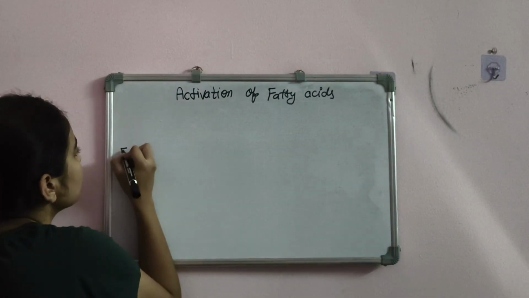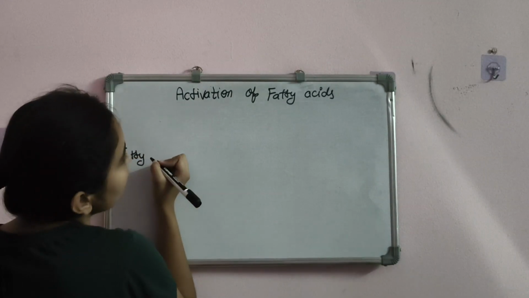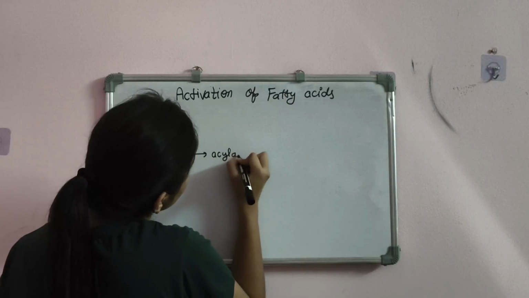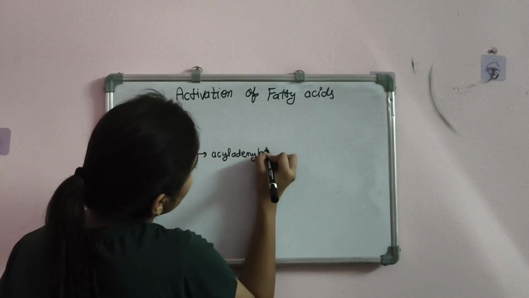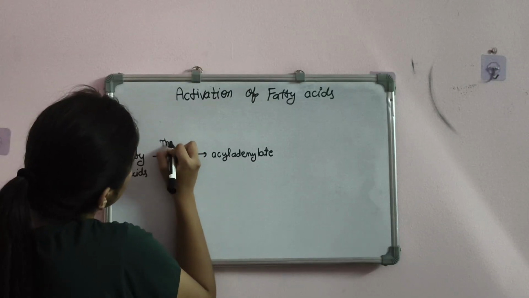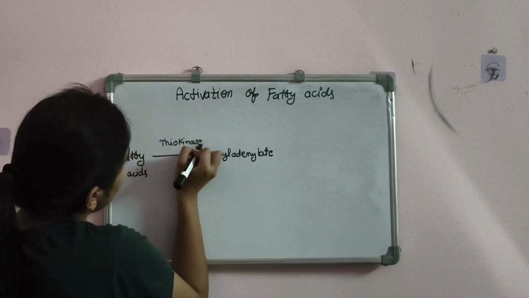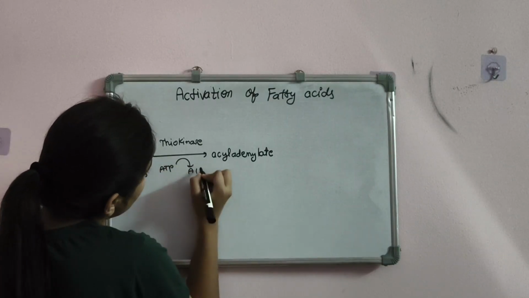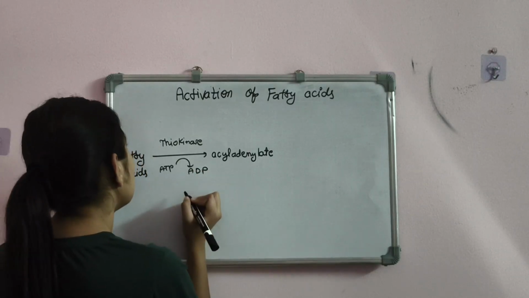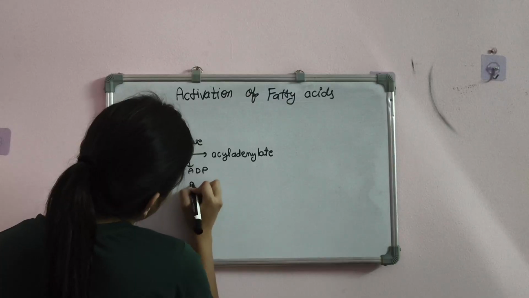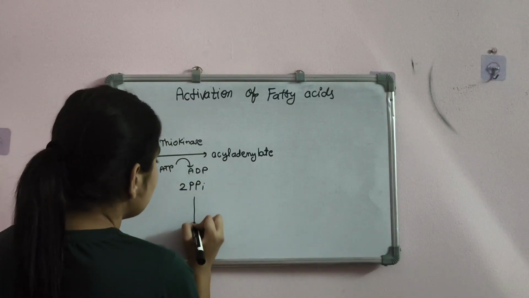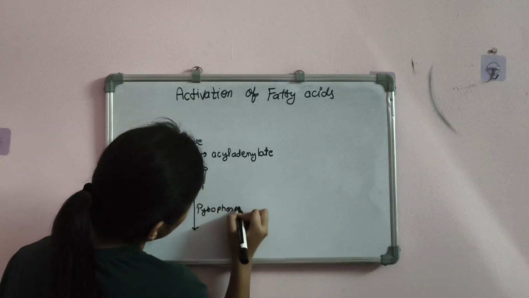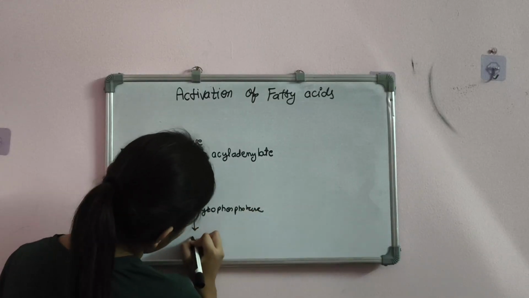First, fatty acid is converted to acyl adenylate with the help of the enzyme thiokinase, and here ATP is used, forming pyrophosphate, PPi, which is then converted with the help of the enzyme pyrophosphatase into phosphate.